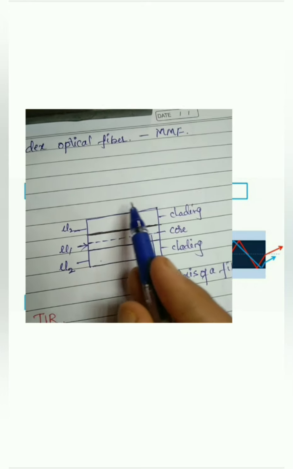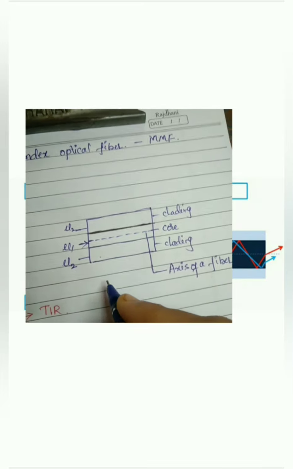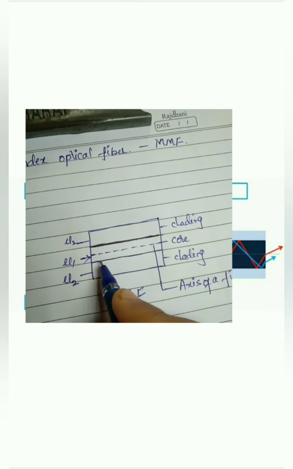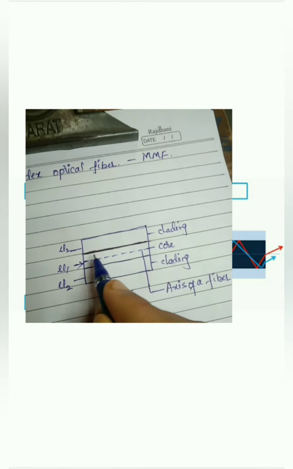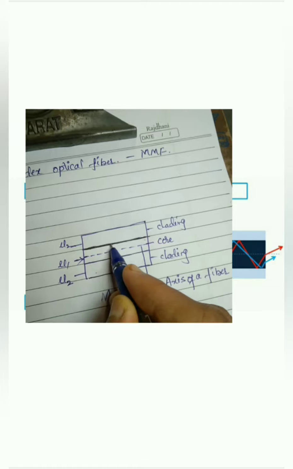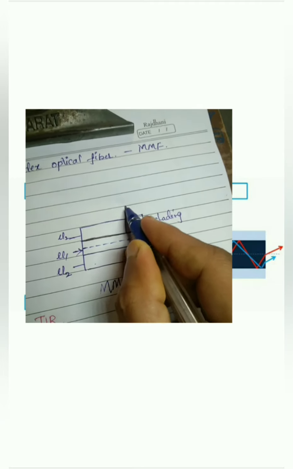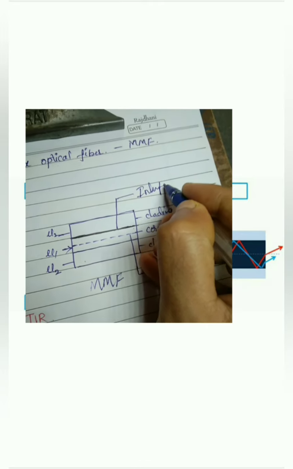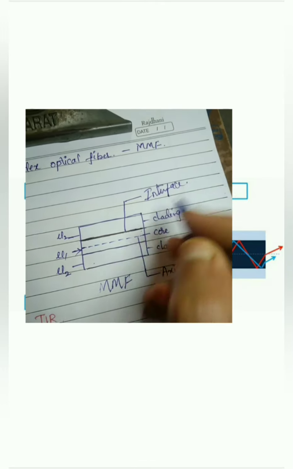See, in this complete optical fiber, that is MMF, one line is thin and another line I have made thicker, because this line is called as what? The interface. This line is called as the interface line.